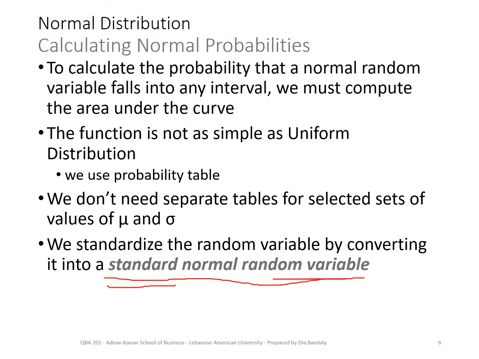Sometimes it's called the unit normal random variable, and we denote it by z. Statisticians prepared a table for that one. And the question is, how can I use this table to find the area for a variable x that is not a standard normal random variable? What we're going to do is standardize that x. And this is what we're going to learn next.